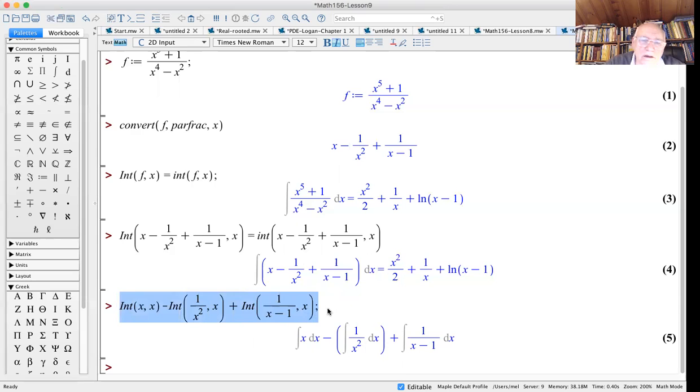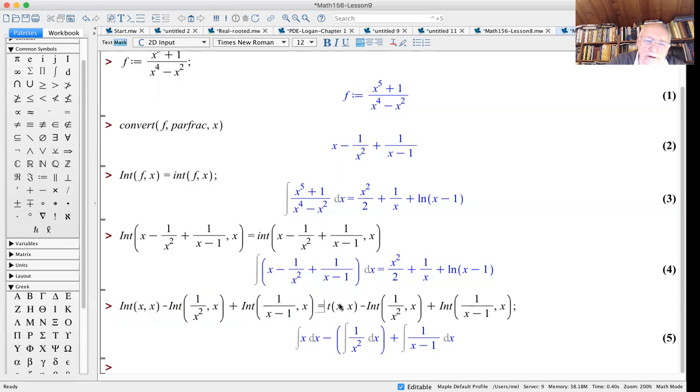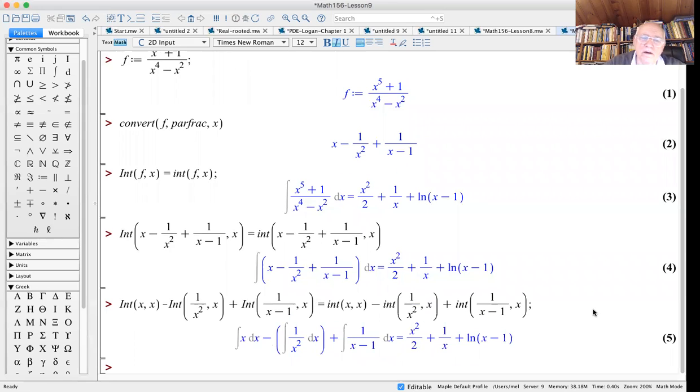And if we put this together, we get exactly the answer, of course. So what I'm doing is doing these three integrals separately. Maybe it's clearer if I do it like this.